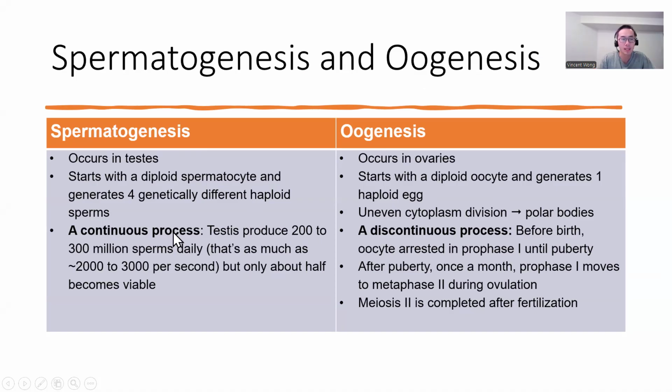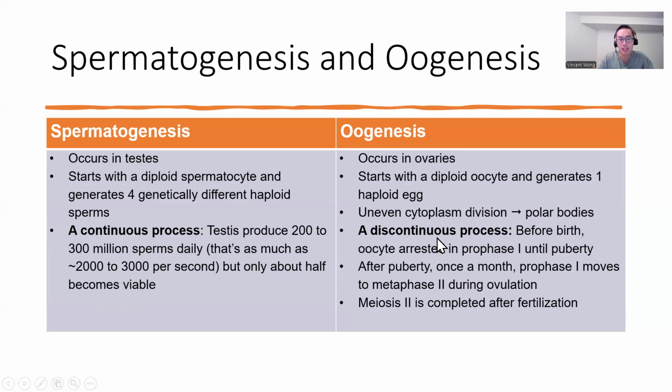Once puberty is reached, production of sperm is ongoing, right? And the testis can produce up to 200 to 300 million sperm daily. If you do the math, that's as much as 2,000 to 3,000 per second. But only half will become viable. The other half is going to be reabsorbed by the body.